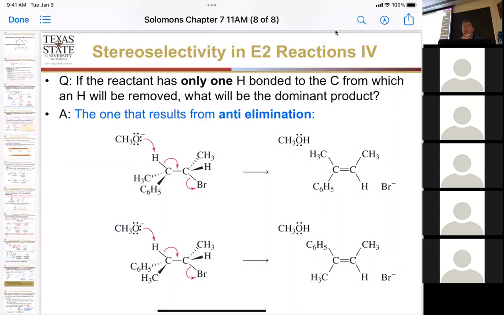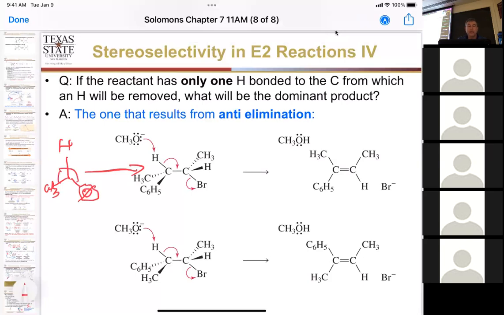Okay, if it only has one hydrogen, you have to rotate your bond until you get to where your hydrogen is anti to your bromine. So in this case here, I'm going to look at it from this direction here. So our hydrogen's up on the top. We have a CH3 on this side. We have a phenyl group on this side. That's a benzene ring here.